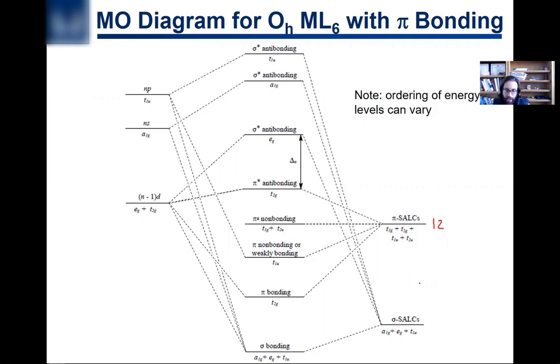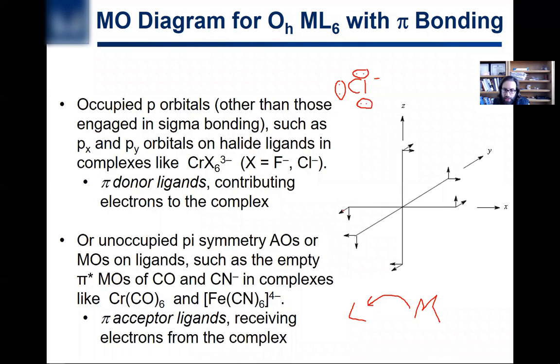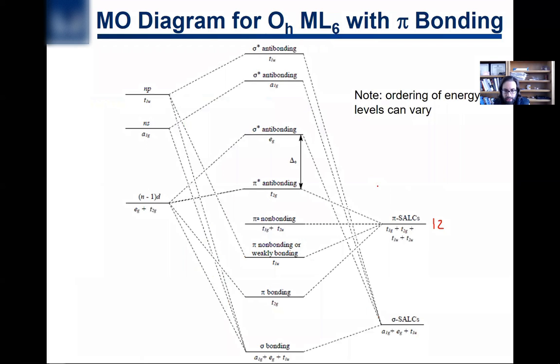Why do we have 12? Well, these are the px and py orbitals, and we have 6 ligands. So we have 12 px and py orbitals for an octahedral complex when we're talking about the ligands. We have 6 of the pz's, 1 pz for each of the 6 octahedral ligands that can do sigma bonding.